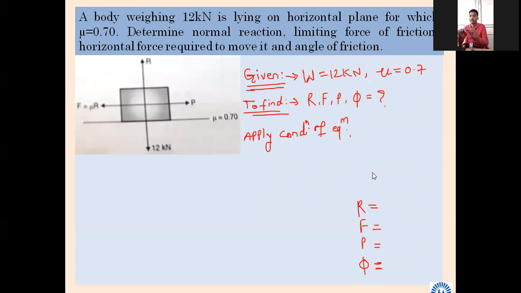ओके सांगा, रिएक्शन किती आली? मी प्रॉब्लेम सोडवत नाही आता, तुमचे आन्सर लिहितो. सांगा. 12 kilonewton. ओके, 12 किलो न्यूटन असेल, बघा जरा.